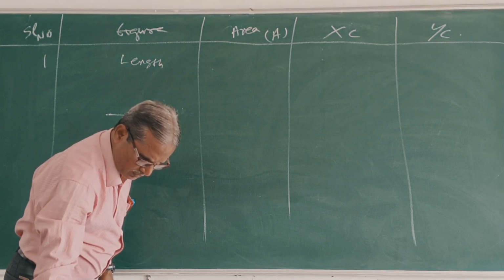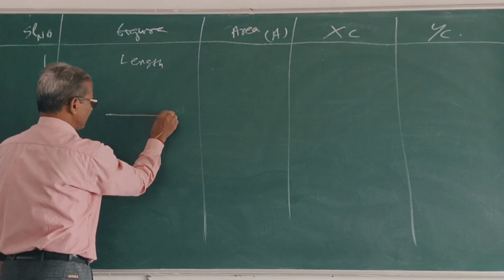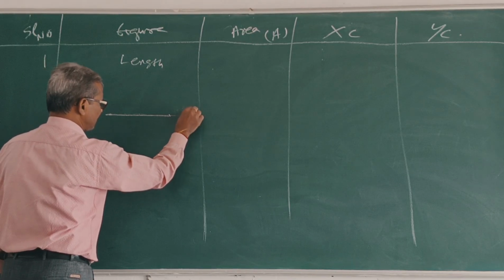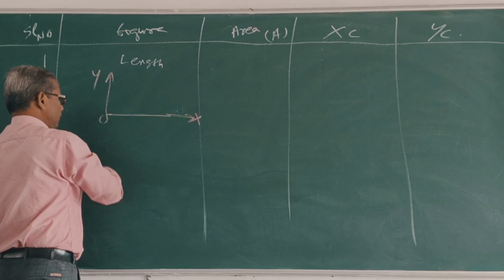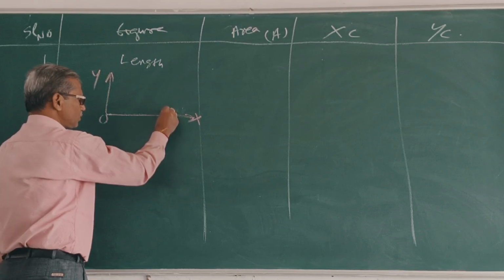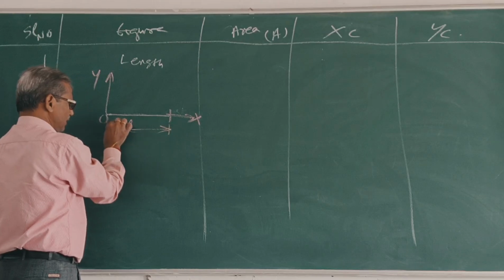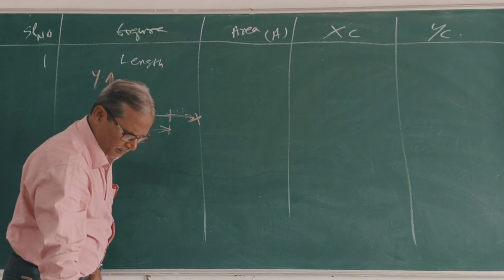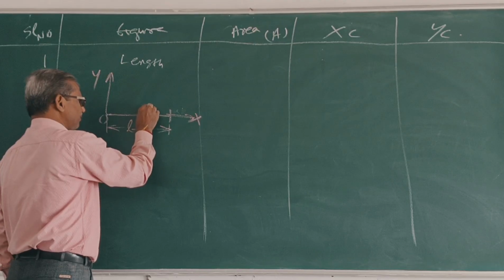How to find out CG? Suppose this is horizontal length. So this is x-axis, this is y-axis, this is origin. Clear? So for length L, in this case, the CG lies here.